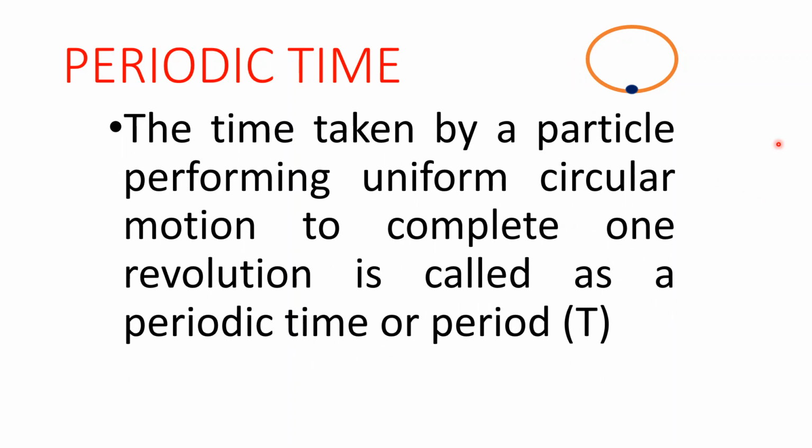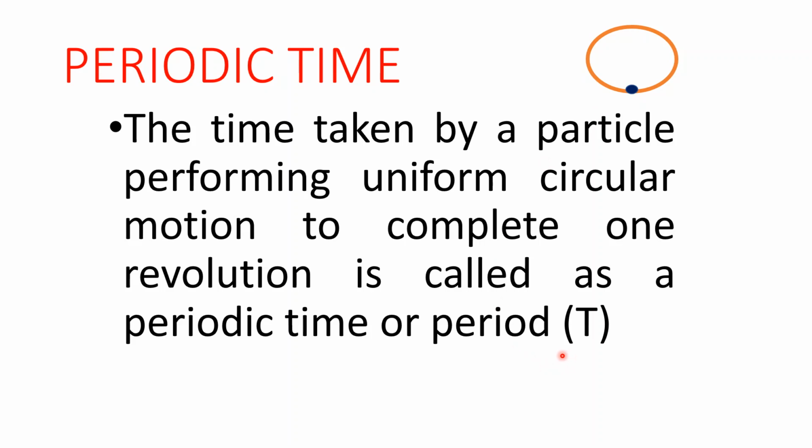Next term in circular motion is periodic time. Here we will consider the particle is performing a circular motion. The time taken by a particle performing a circular motion to complete one revolution is called periodic time or period.